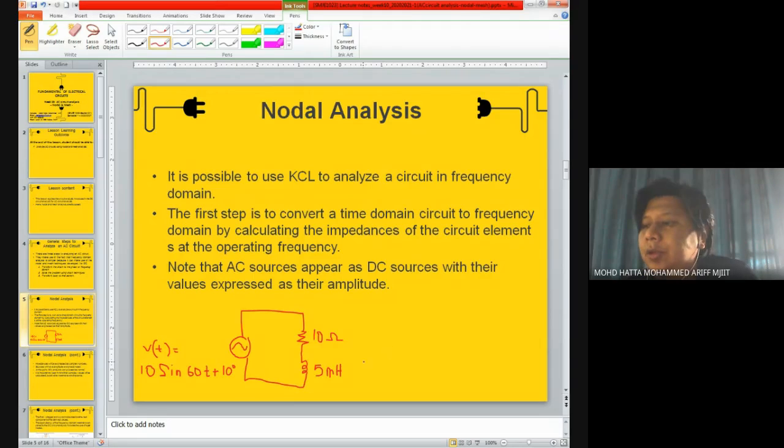What you need to do, in order to solve using nodal analysis, is transform the circuit.